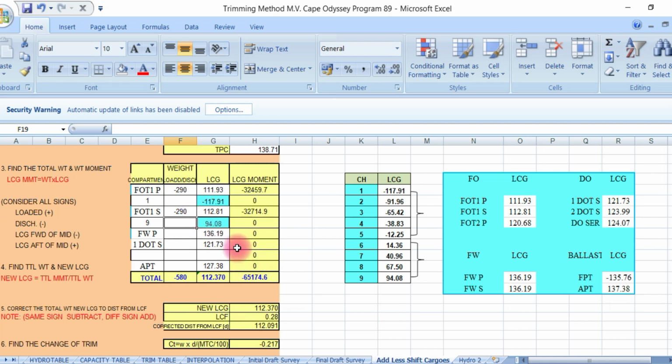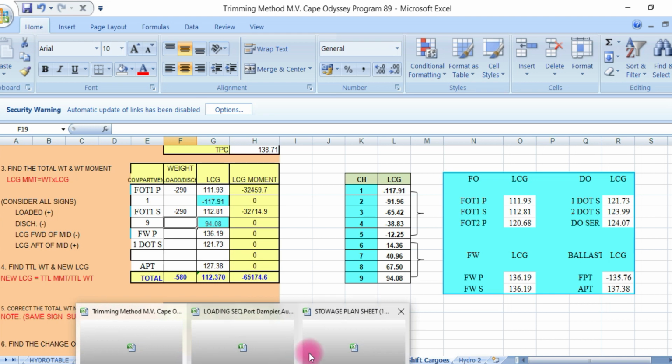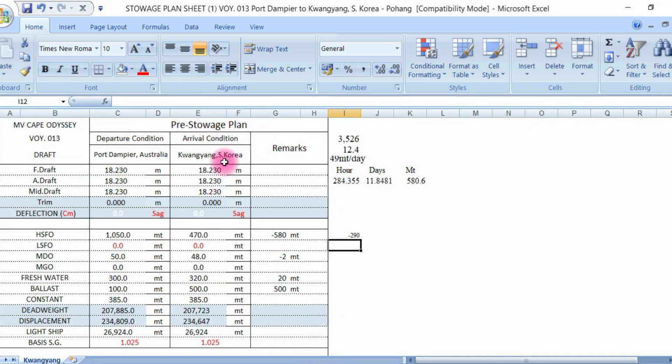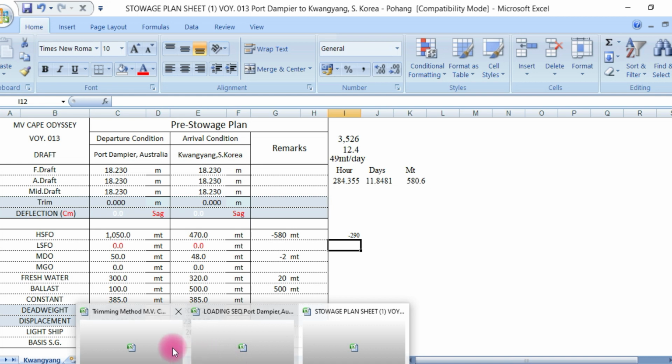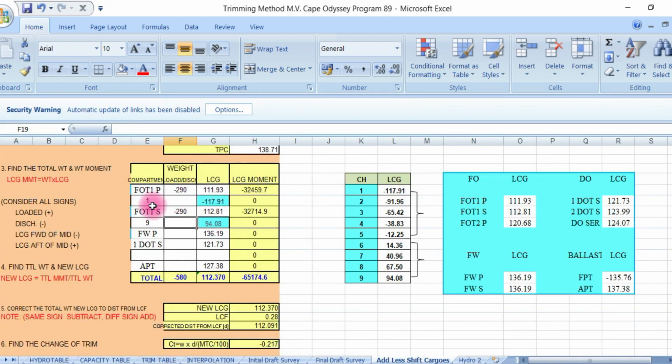So for the total voyage, when he reaches Gwangyang, he will consume about 580 metric tons. With these 2 tanks, he will consume about 580. And he has a production of water of 20 tons, so it's positive. And he has a consumption of 2 tons, negative.